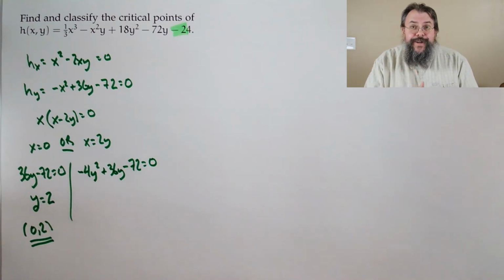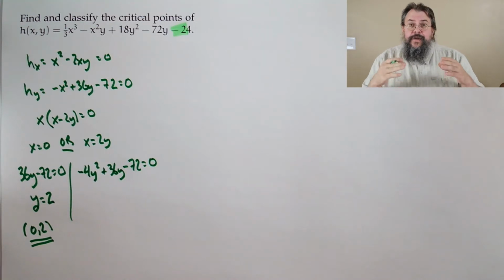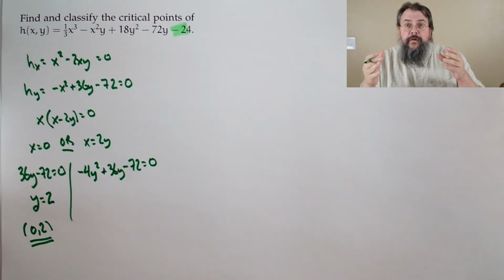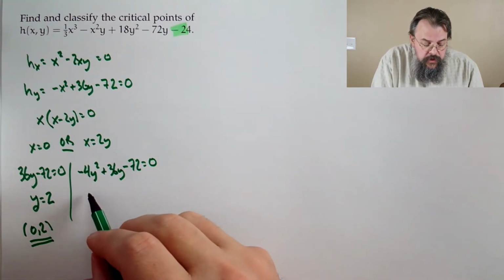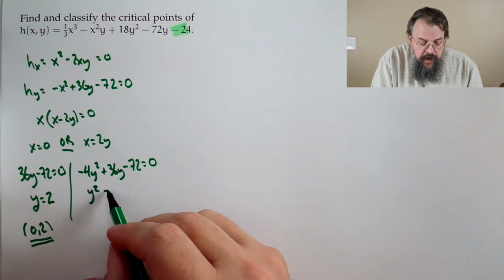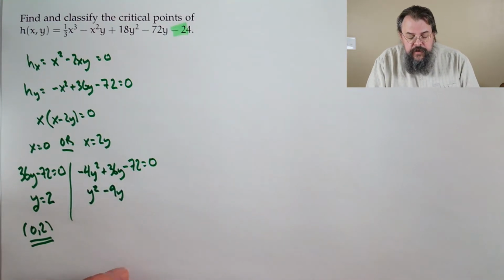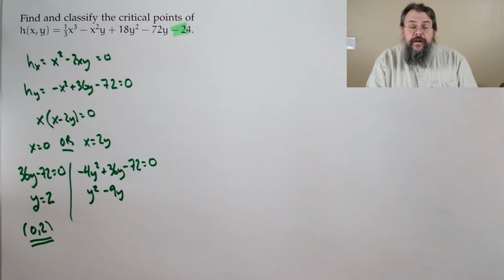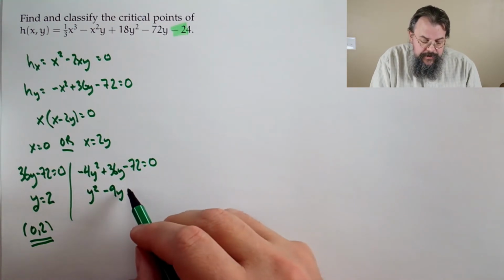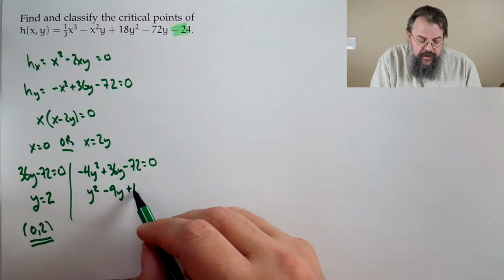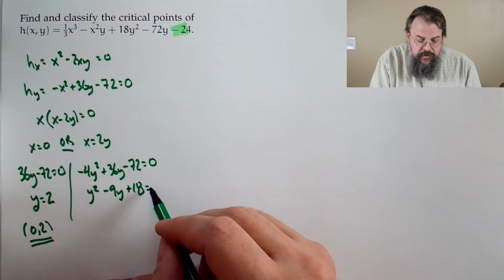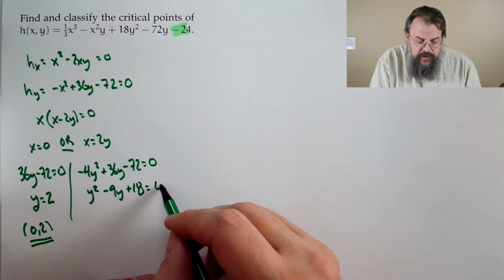We like quadratic equations with leading coefficient 1, which means we'll divide by negative 4. So y squared minus 9y, and of course you have to think 72 divided by 4, it's 18. So plus 18 equals 0.